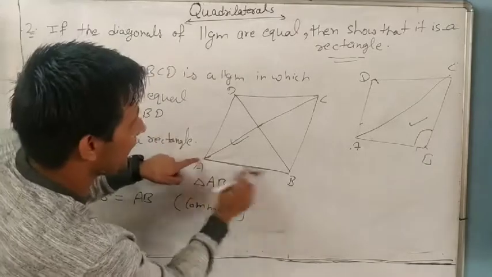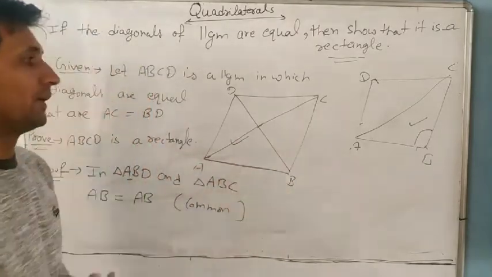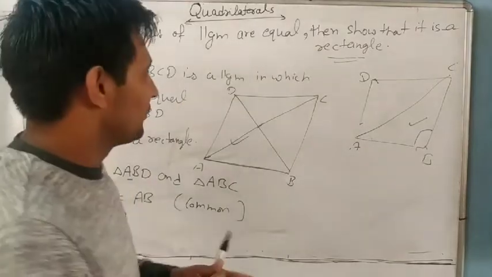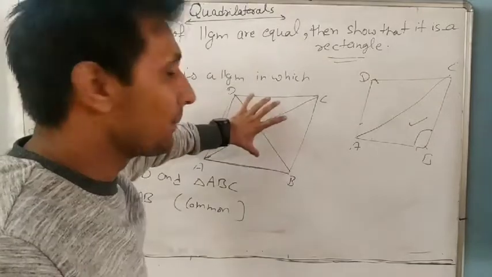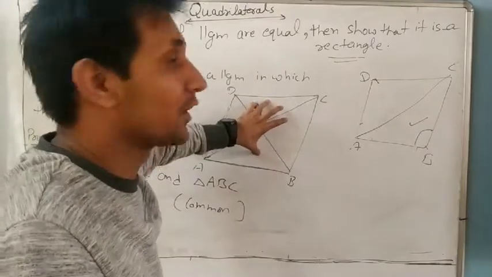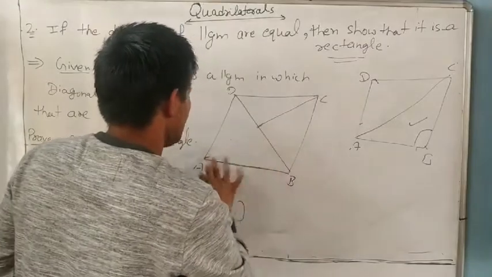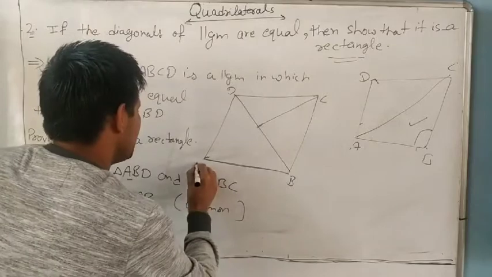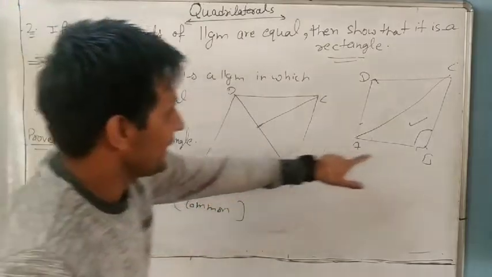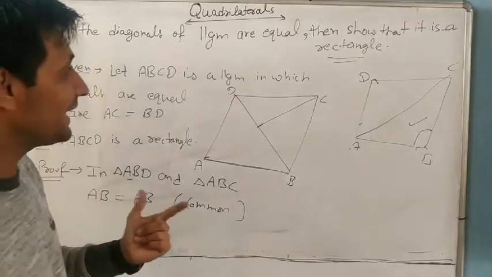Otherwise, if you are confused in one parallelogram about which triangles to take, you can draw them separately: this one is ABD and this one is ABC. So AB, AB, common.